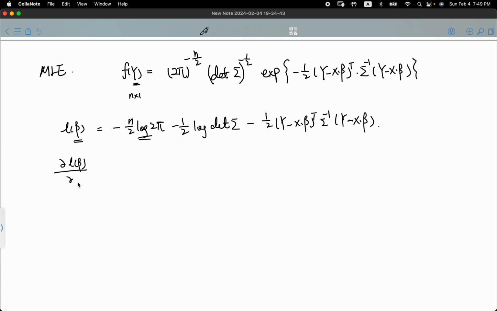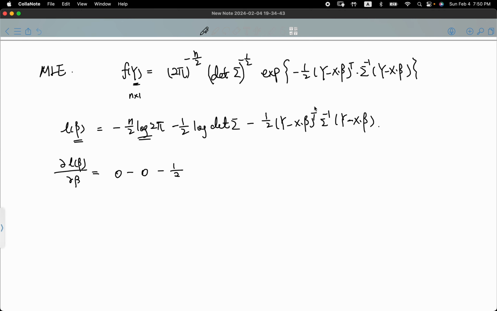Next, we are going to take the derivative with respect to beta from the log likelihood function. So no longer the objective function of minimizing the sum of squared residuals, but the likelihood function. So 0 minus 0, these two terms have nothing to do with beta. And minus 1/2.